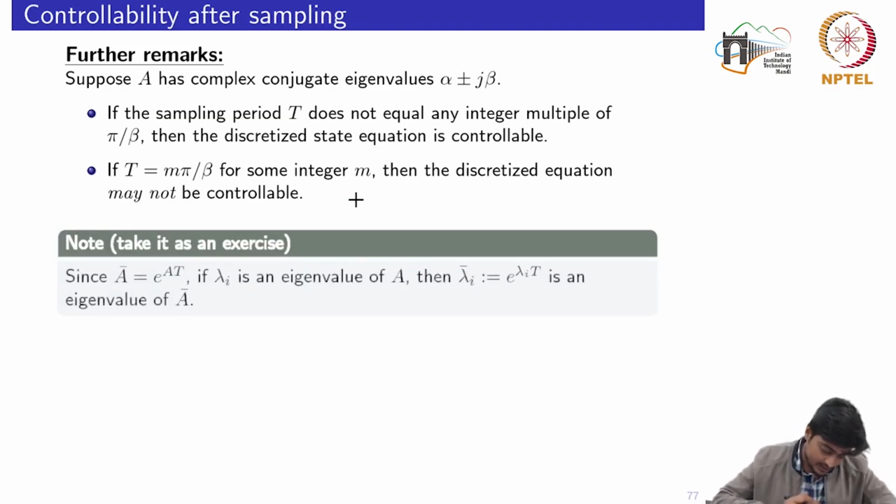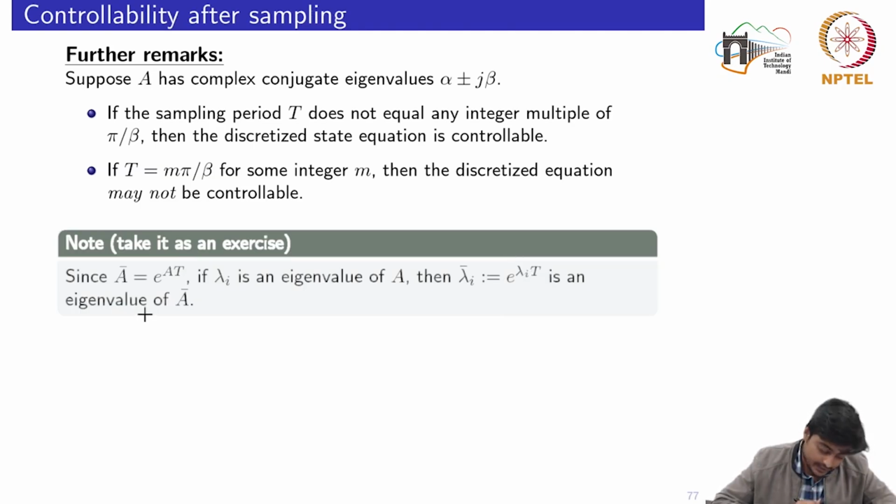So we can see the implication of the second point more precisely. First of all, note that A bar, the discrete time state matrix, is equal to e to the power A t, where A is the continuous time matrix and t is the sample time. If lambda i is an eigenvalue of A, then lambda i bar, which is equal to e to the power lambda i t, is an eigenvalue of A bar.